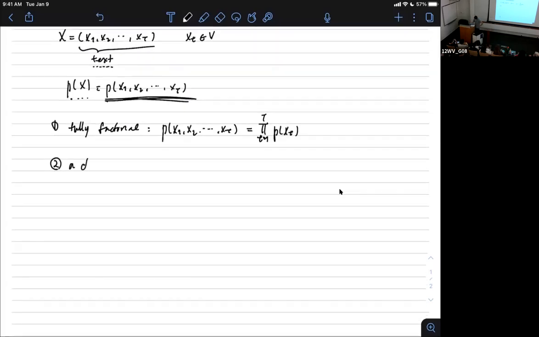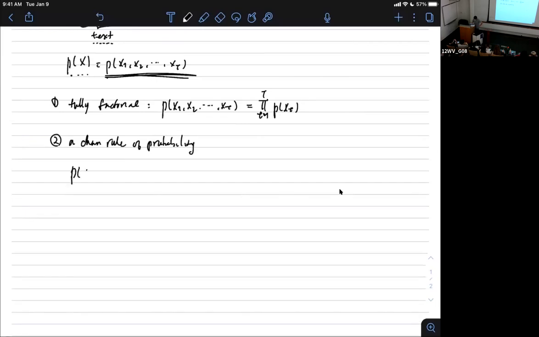The second one is to rely on the chain rule of probabilities. Here, the probability of this sequence is rewritten as the probability of the first selected word. It doesn't have to be the leftmost or the rightmost one.